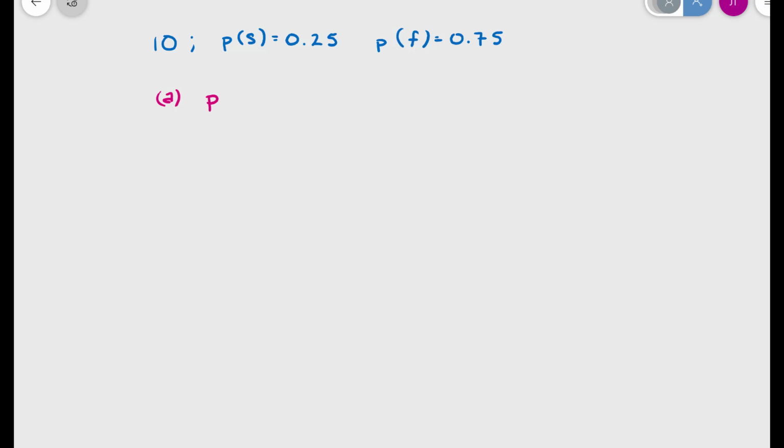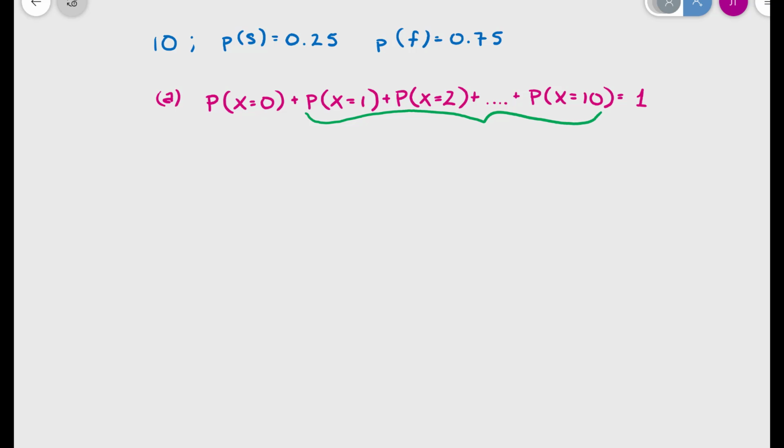So what we're looking at is the probability that x equals 0 plus the probability that x equals 1 plus the probability that x equals 2, and we can continue all the way out to the probability that x equals 10. We know that should all add up to 1. For part A, what we're interested in is the probability that x equals 1 all the way out to the probability that x equals 10.